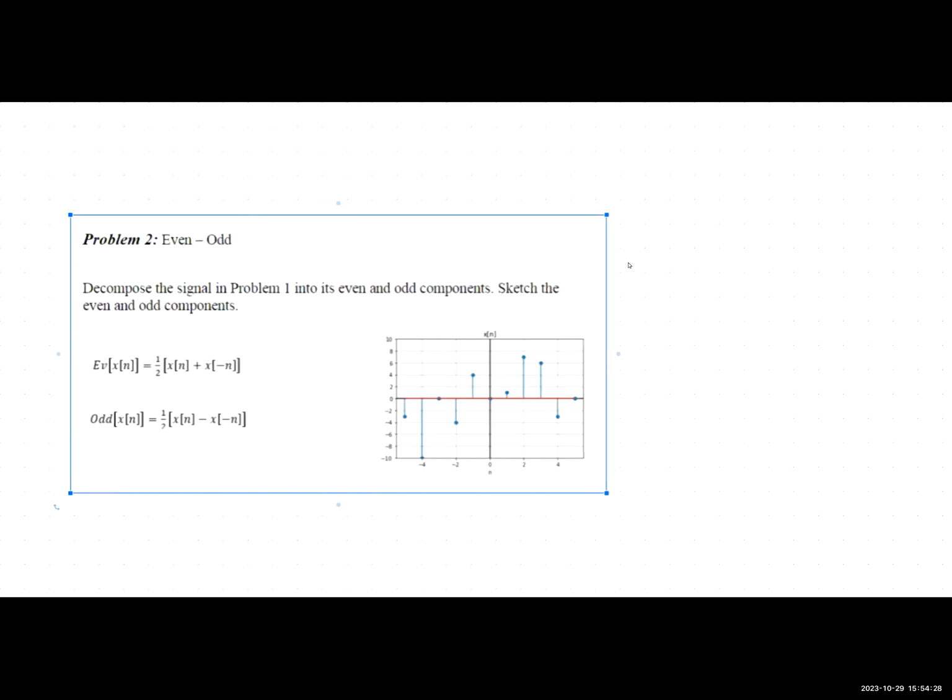All right. So as a quick review, if we have a signal x of n, the way we decompose it into its even and odd components is using these formulas here. So we have x of n. We have to figure out what x of minus n is. We add the two signals together, and then take 1/2 of the amplitude.